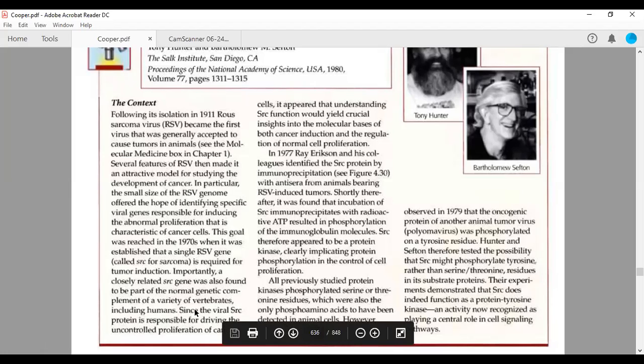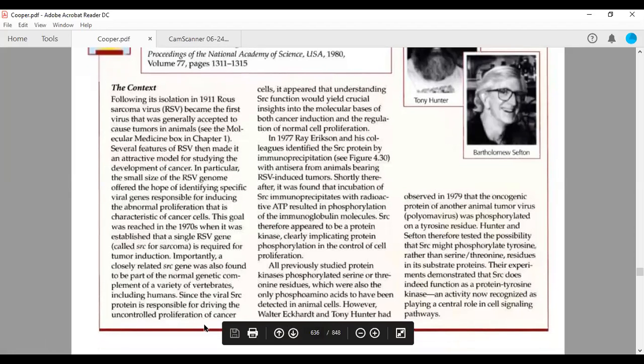Now, since the viral SRC protein is responsible for driving the uncontrolled proliferation of these cancer cells, it appeared that understanding SRC function would yield crucial insight into the molecular basis of both cancer induction and regulation of normal cell proliferation. So scientists wanted to achieve two targets simultaneously.